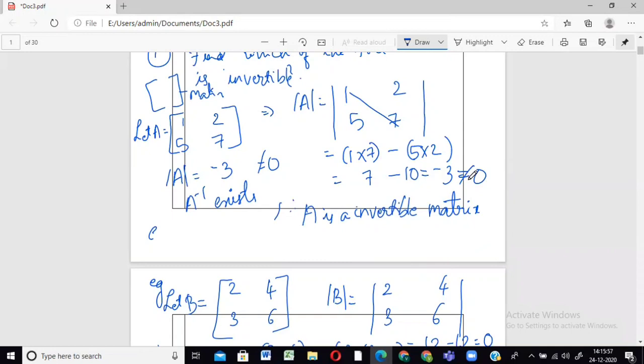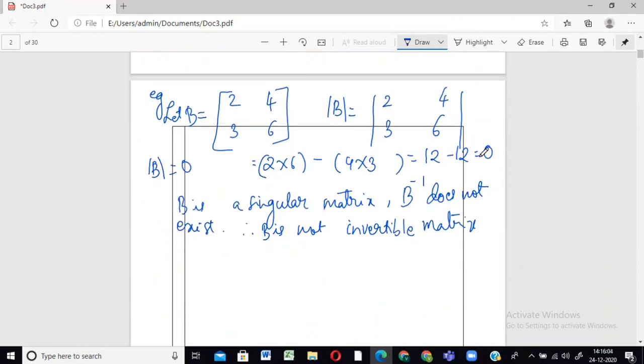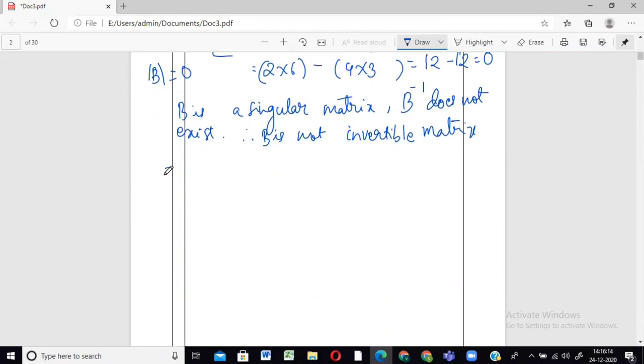Here people may have some confusion. If the determinant is not equal to 0, it is non-singular, and that is invertible. But here it's equal to 0, so it becomes singular, but not invertible. So people can get confused sometimes. But if it is non-singular, it is invertible, so you can just remember it like that. If it is not equal to 0, then of course it is non-singular, and non-singular means invertible.